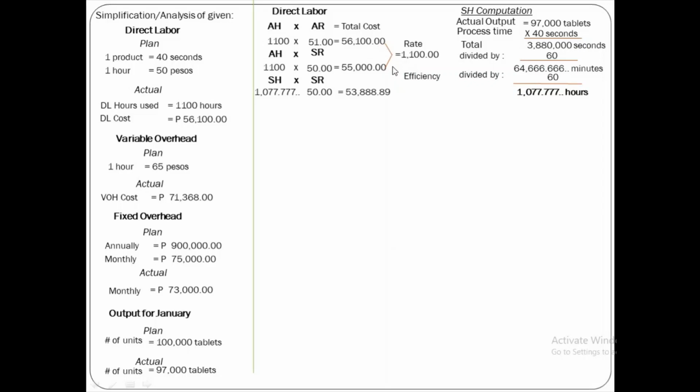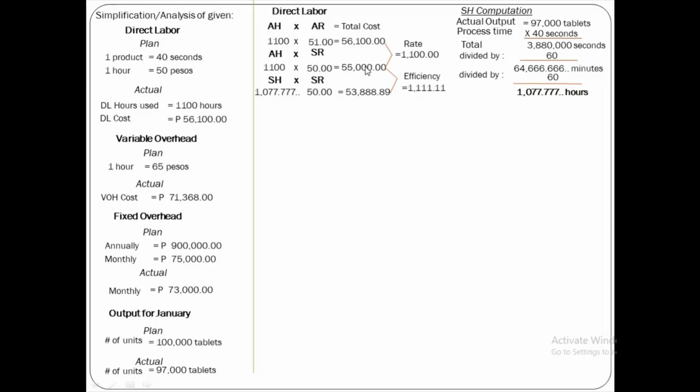How about efficiency variance? It's easy. You just need to deduct the second amount, which is 55,000 minus 53,888.89, and you're going to get an unfavorable amount of 1,111.11. As you can see, the rate is the same, because we're not interested in the difference in the rate here.